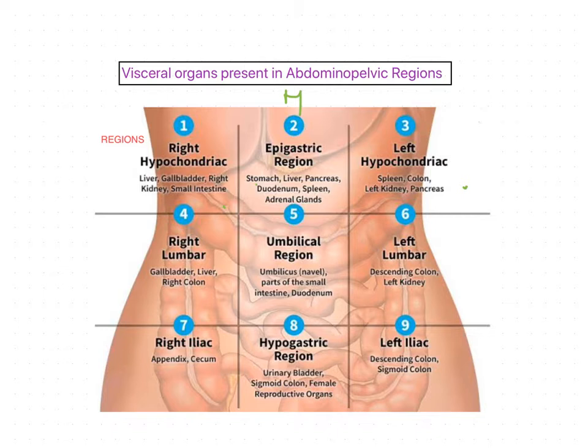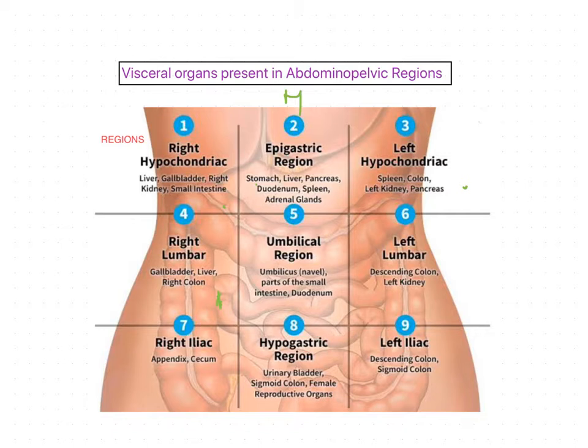Now coming to the right lumbar. In the right lumbar, it mainly relates to the right kidney, ureter and ascending colon. So in this area it mainly occupies the right kidney, ureter and ascending colon.